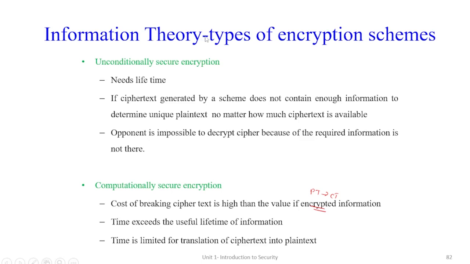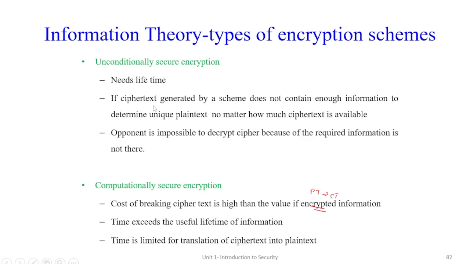Information theory means there are two types of encryption schemes available: unconditionally secure encryption and computationally secure encryption. Implementing unconditionally secure encryption needs a lifetime expansion of usage of the key.